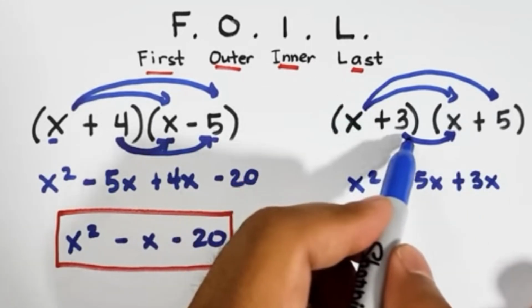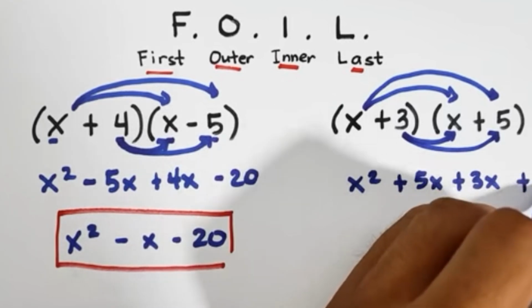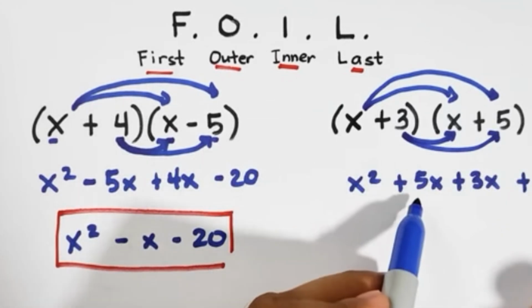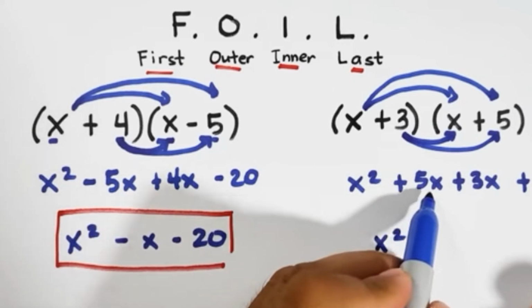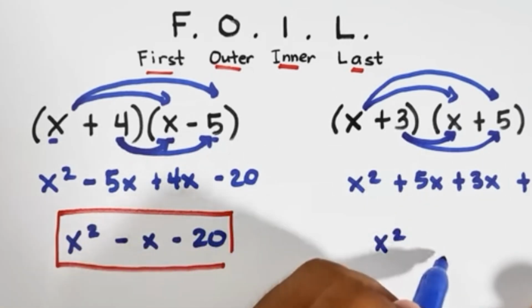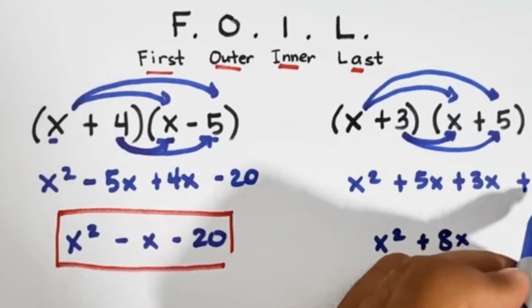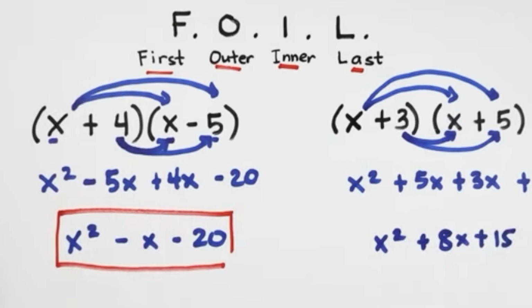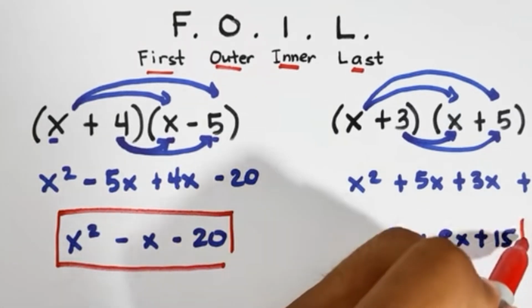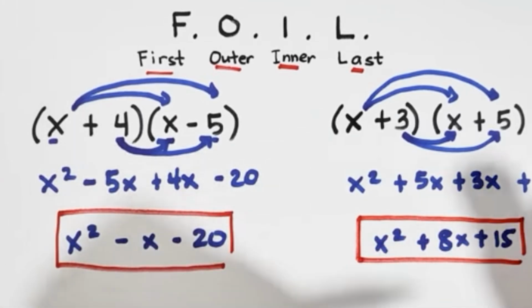Last terms, 3 times 5, that is plus 15. Okay, copy x squared. Combine 5x and 3x because they are like terms. That is plus 8x, then plus 15. And this is now the product of the given binomials.